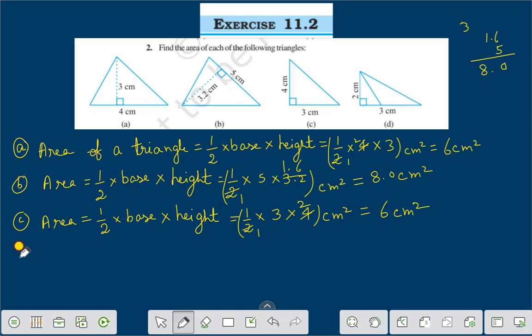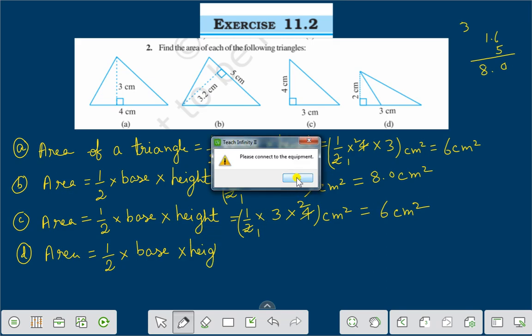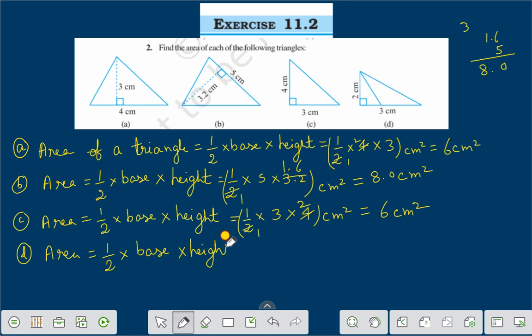Now, area of the triangle in figure D. Area of the triangle is equal to half base into height, that is equal to half, meaning 1 by 2.